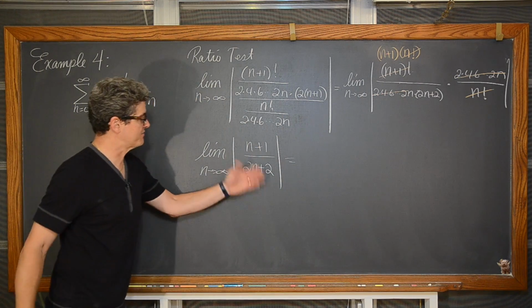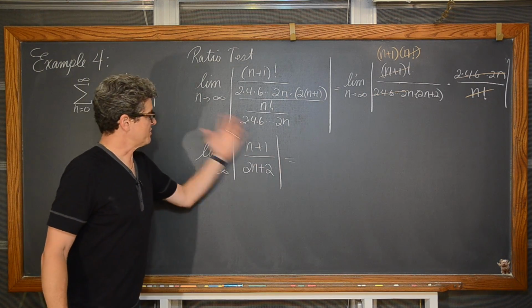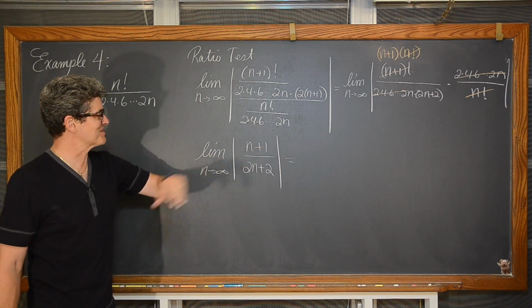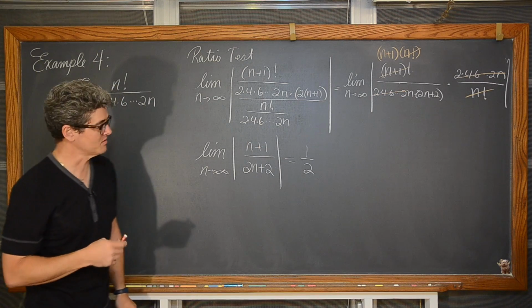However you look at it, factor out a 2 from these 2 terms, or use L'Hopital's rule, simplify this like we did in our previous example. The limit here is going to be simply 1/2, which is less than 1.